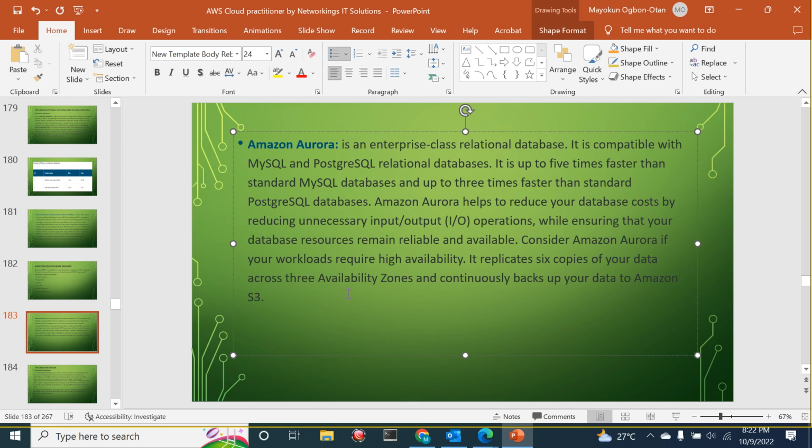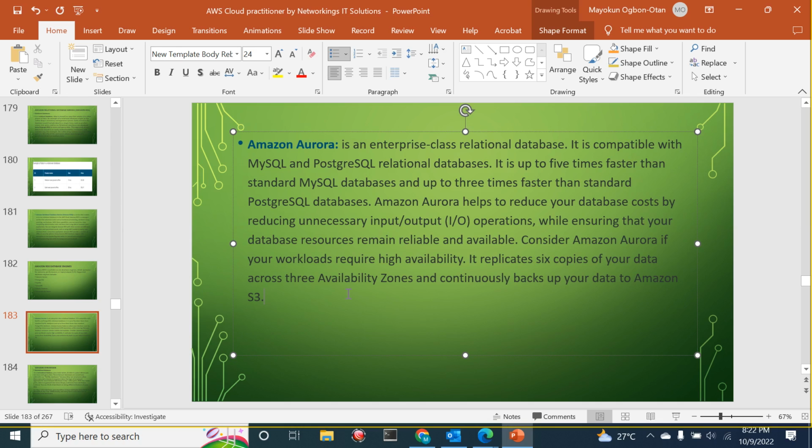Consider Amazon Aurora if your workload requires high availability. It replicates 6 copies of your data across 3 availability zones and continuously backs up your data to Amazon S3.